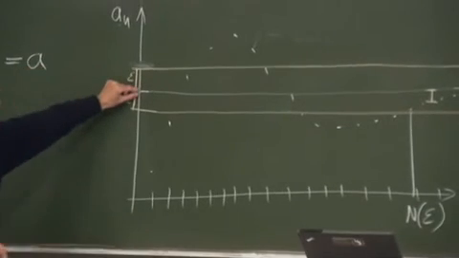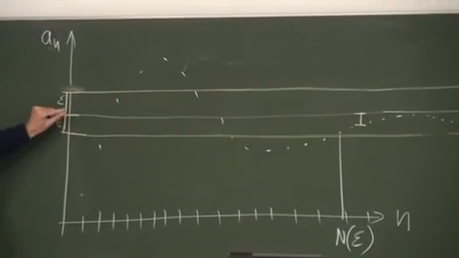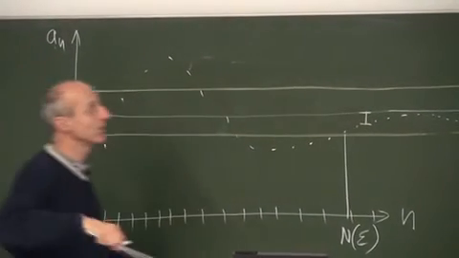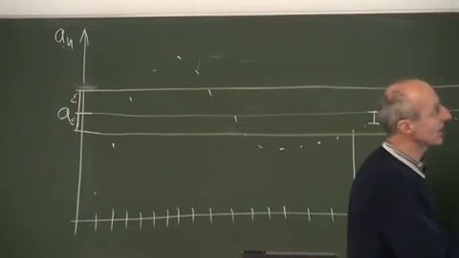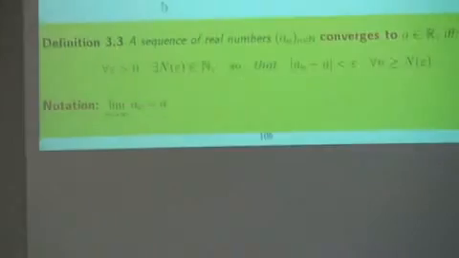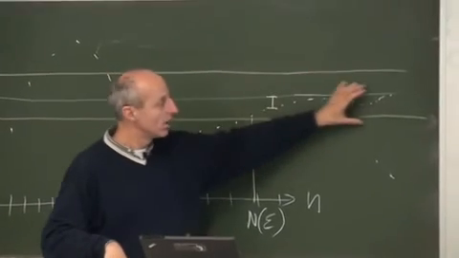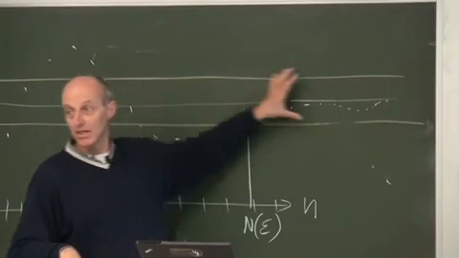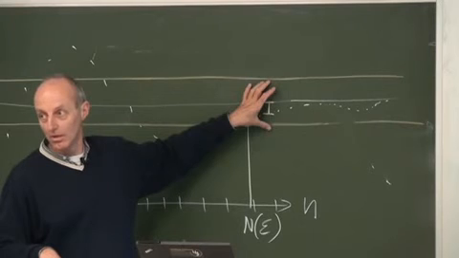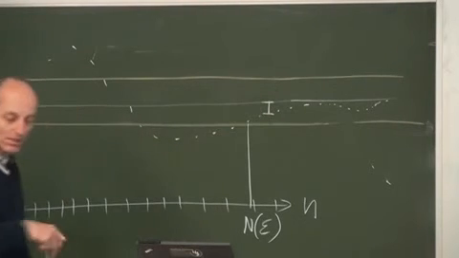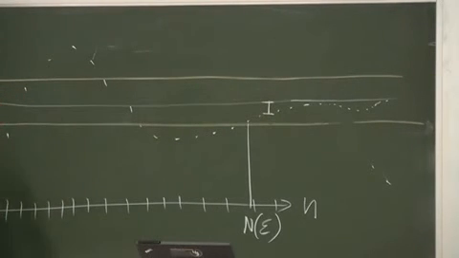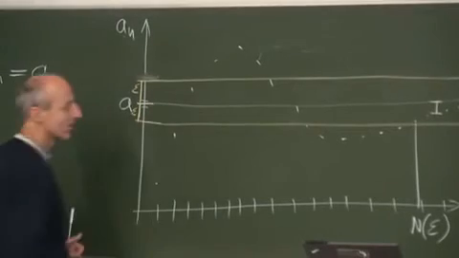No matter how small this epsilon is, no matter how tiny this epsilon may be, there is such a critical number n of epsilon such that to the right of this n, all elements of the sequence are in this ribbon.